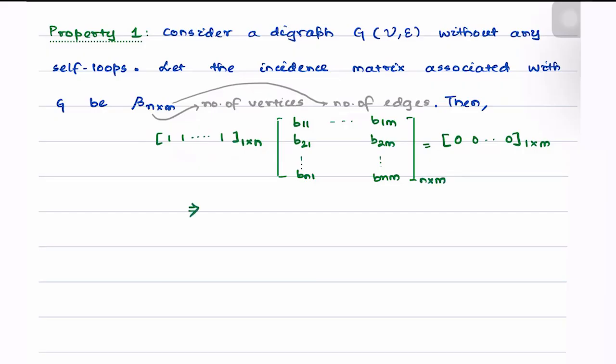To sum it up, we can write 1n, which will be the column vector consisting of all entries as 1. We take a transpose of it, get the row vector, and multiply it with B. The RHS will have the 0 vector, but the transpose of it. Meaning, whenever we take any digraph, we know that this always holds.